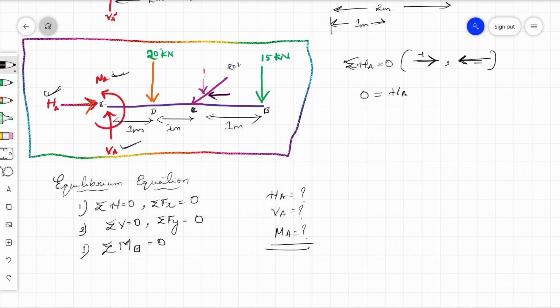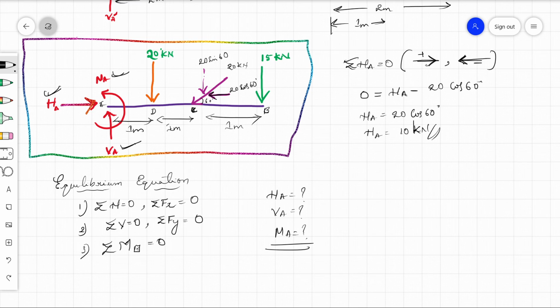If this is 20 kilonewton and the angle was 60 degree, this was 20 cos 60 degree. And the vertical component is 20 sin 60. You don't need to think, just the opposite of this. Cos becomes sin, that's it. But the direction is from right to left. So that is minus 20 cos 60 degree. So HA is equal to 20 cos 60 degree. And the value of HA, cos 60 is half, right? So HA is equal to 10 kilonewton.